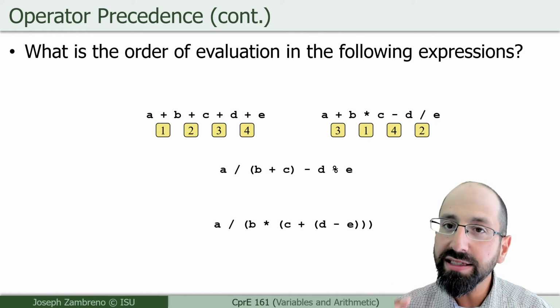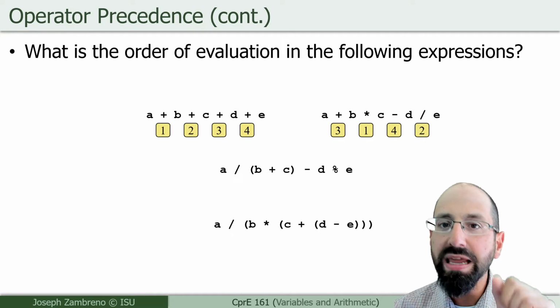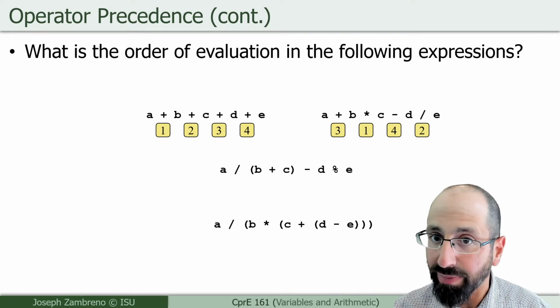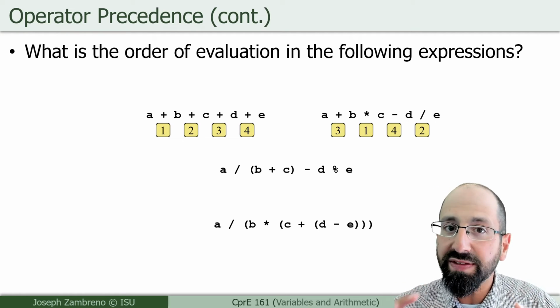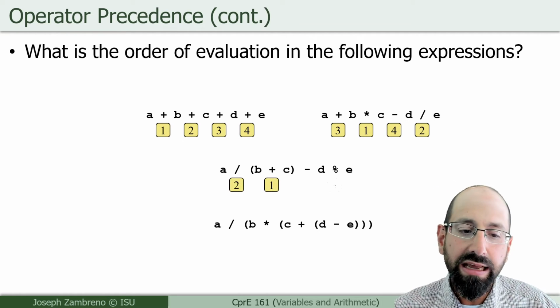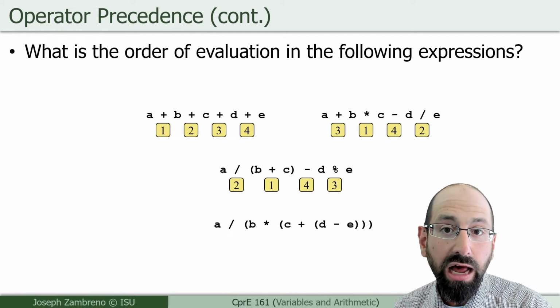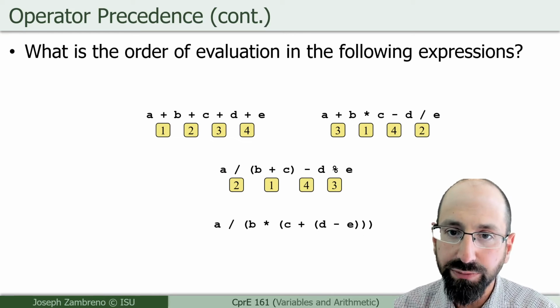We've put parentheses around b plus c, and we're going to do our parentheses first. So b plus c is going to happen first, then we're going to take a divided by that result. Mathematically, the assumption is that's what we want to have happen. We need to have the parentheses to enforce that order of operations. So a divided by b plus c, then we do the modulo operation because we do that as higher precedence than the subtraction. Then finally that subtraction happens.